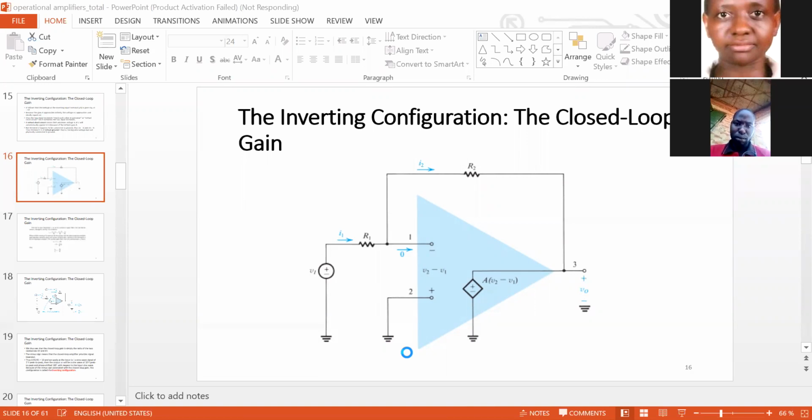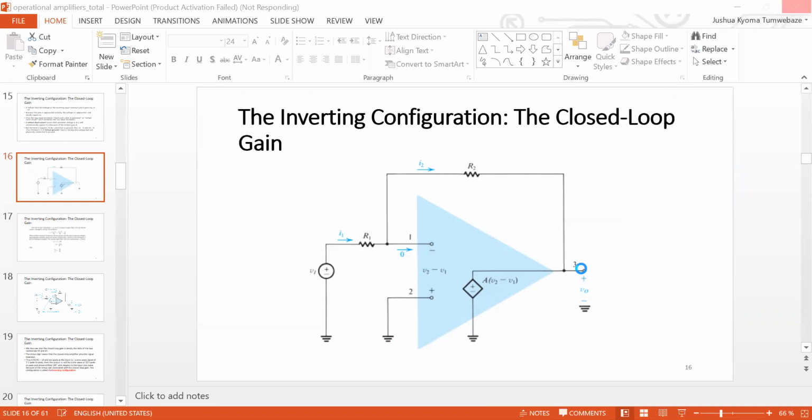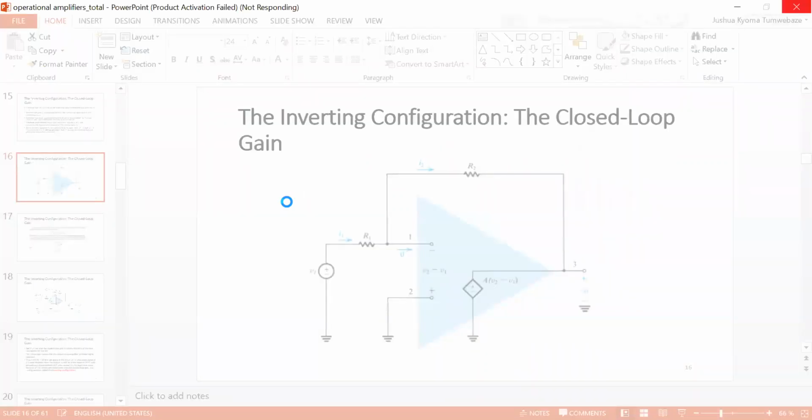It has 0 volts. Our output is of course taken at terminal 3, between terminal 3 and ground. So what we want to do is to analyze this simple circuit.